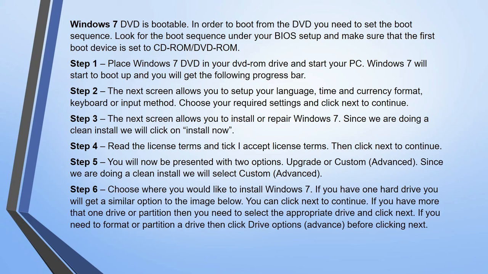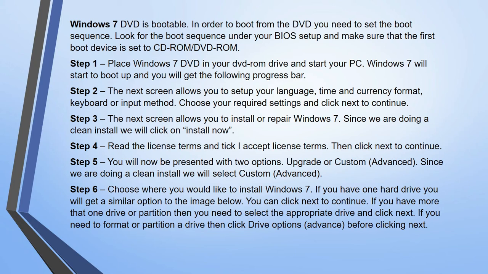It can be changed to pen drive also, depending on your selection. If your bootable software is on a pen drive, you should set the sequence to pen drive. If you have a DVD, select the sequence as DVD-ROM or CD-ROM.